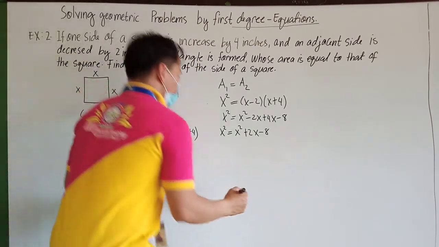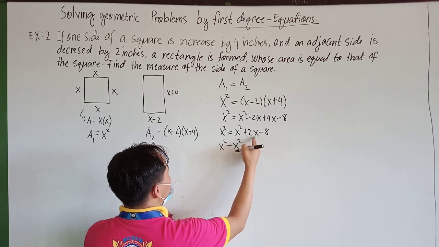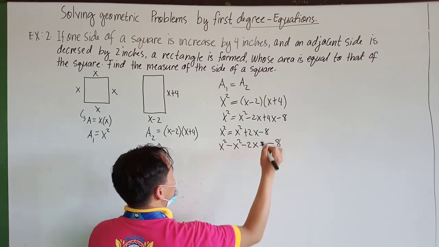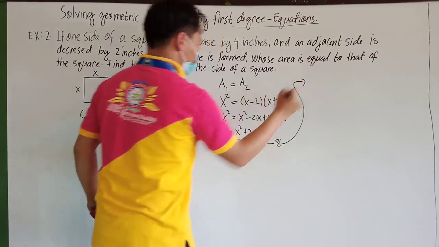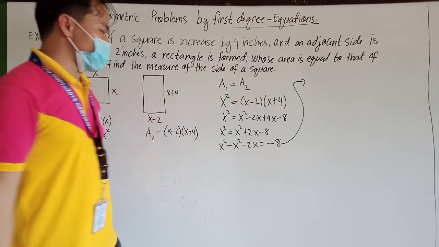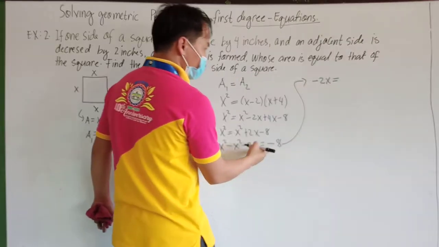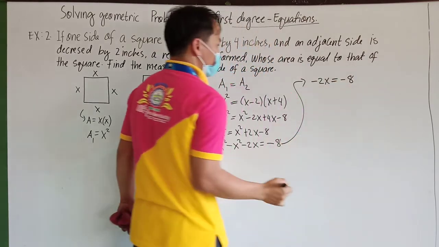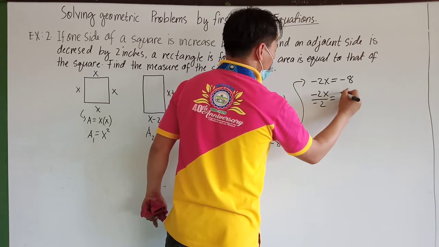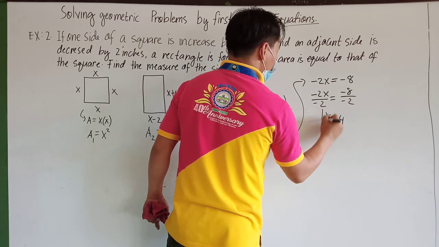Combining like terms again, x squared minus x squared is 0, and the remaining on the left-hand side is negative 2x, and on the right-hand side we have negative 8. Dividing both sides by negative 2, negative 8 divided by negative 2, x is equal to positive 4.